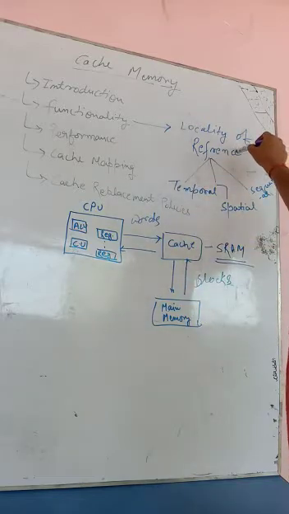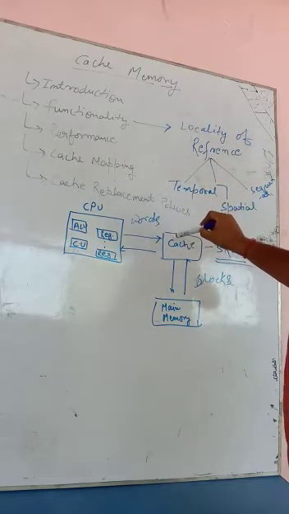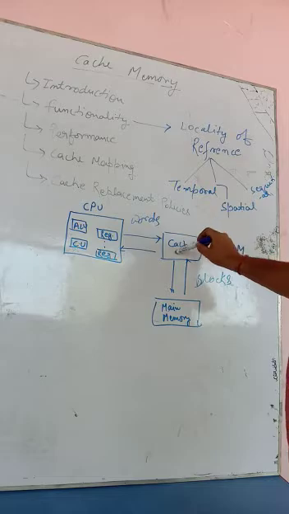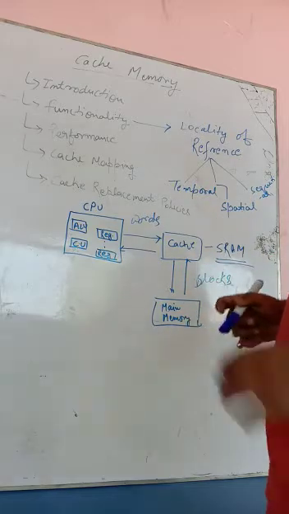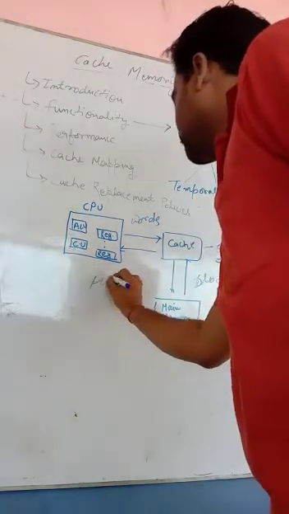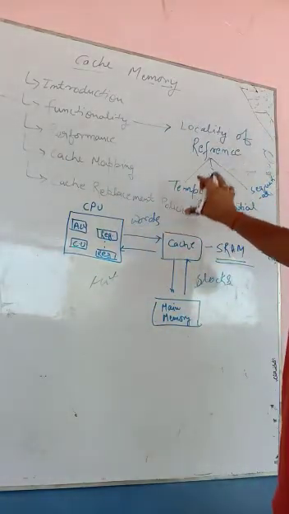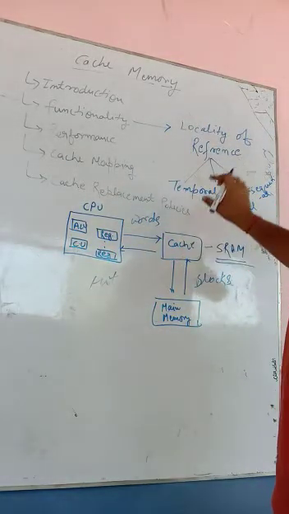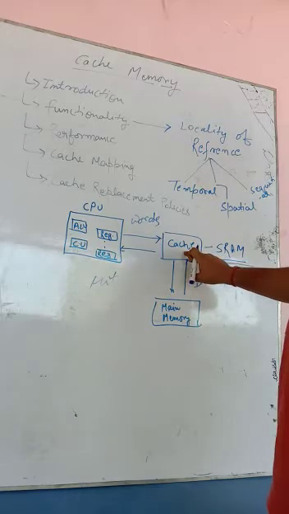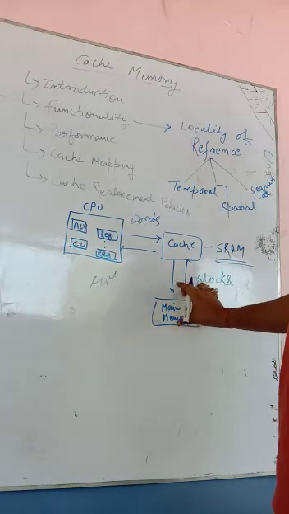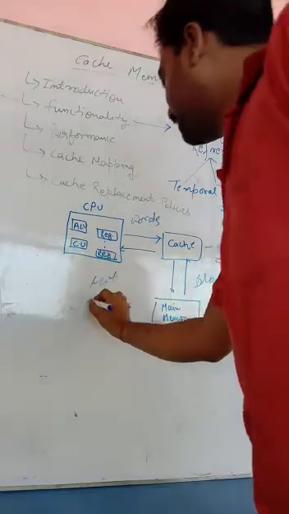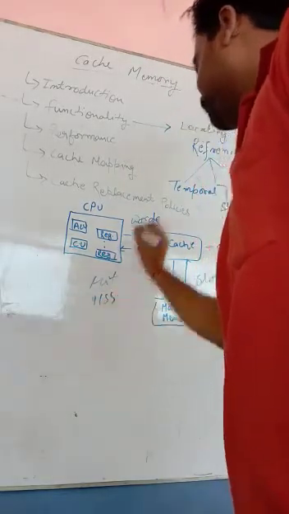When the information is found inside the cache memory, it is called a hit. And when the CPU is unable to retrieve the information from the cache memory and has to request that data from the main memory, it is called a miss.